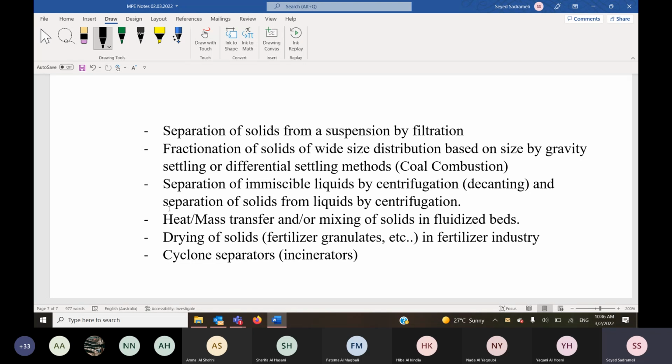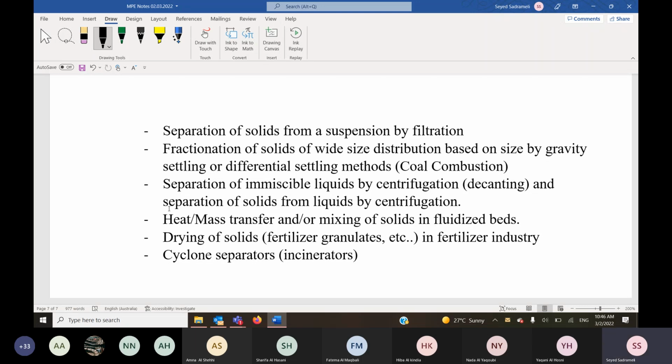So to purify the products and to separate solids from the mixture or from the solution, you have to use a centrifugation system or decanting. By centrifugal forces, you can separate solid from the liquid.